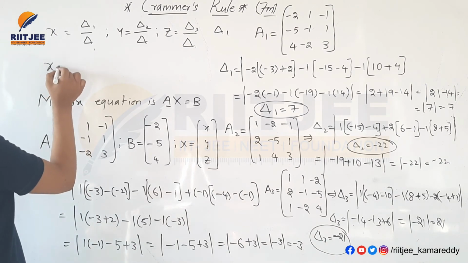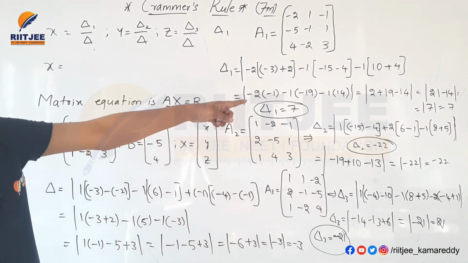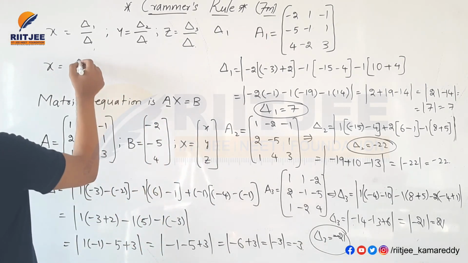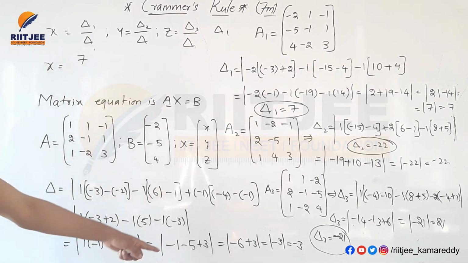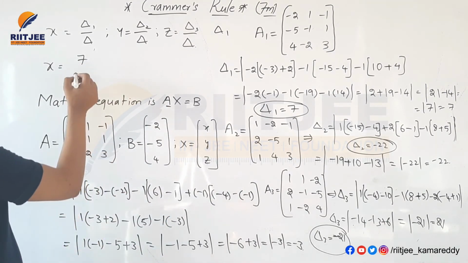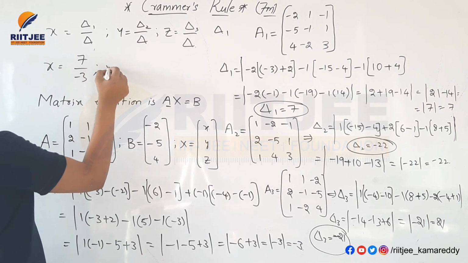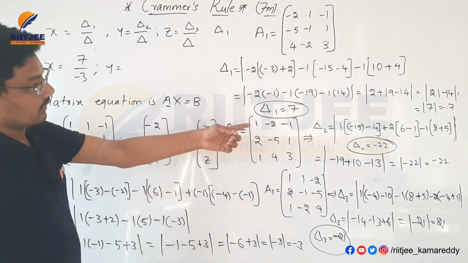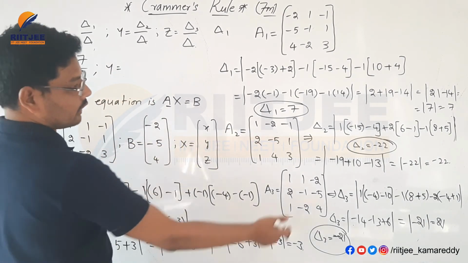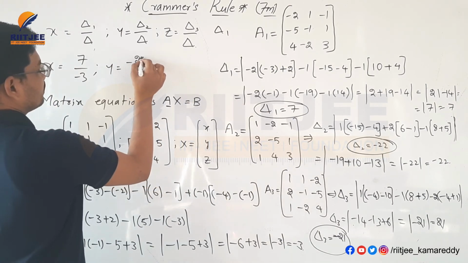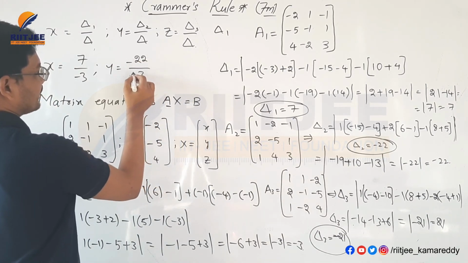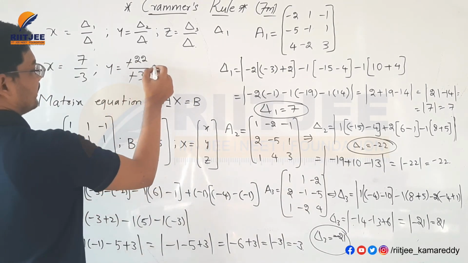So x is equal to delta 1, which we got here as 7, by our delta value of -3, and y is delta 2 value we got -22 divided by our value -3, delta minus gets cancelled.